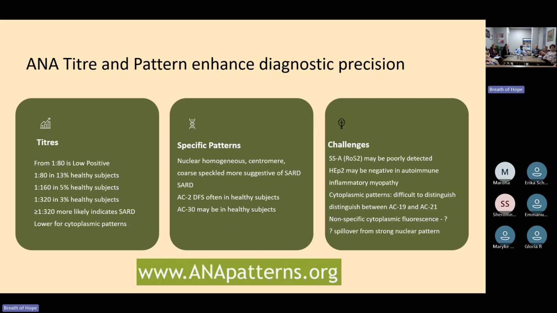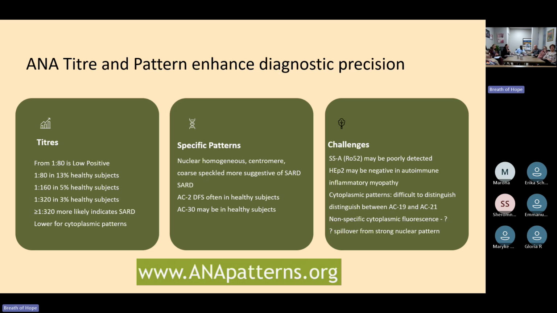The other thing is that Dr. Myburg also mentioned last week, with your inflammatory autoimmune myopathies, sometimes the HEp-2 will be negative, also because the cytoplasmic patterns are quite difficult. They're quite difficult to distinguish sometimes between, for example, an AC19 and an AC21. We'll get to what that means.